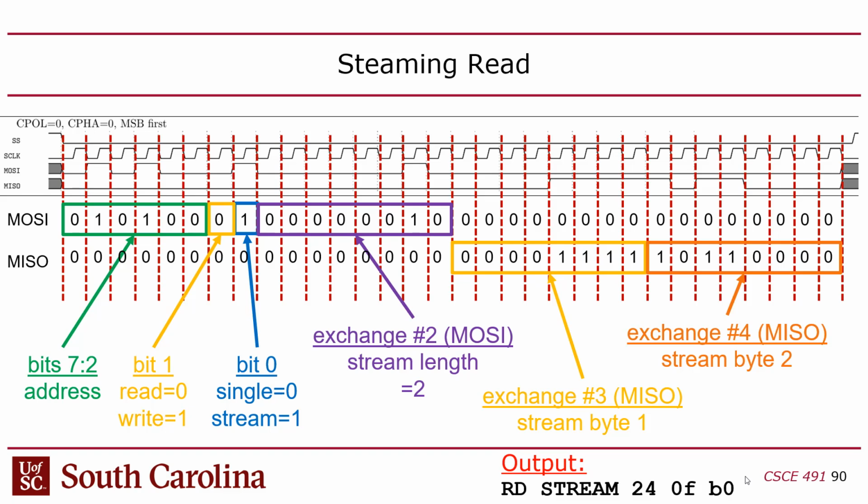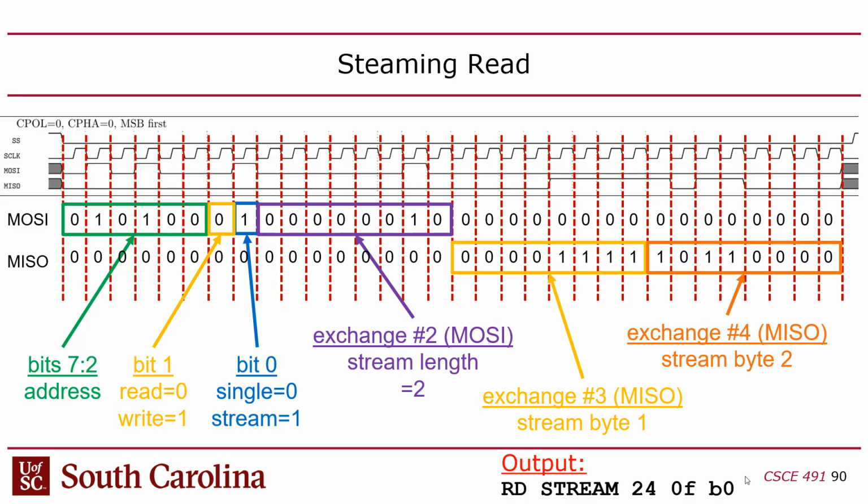So the streaming one is if you have a stream. If bit 0 in the first exchange is 1, then it's a streaming transaction.